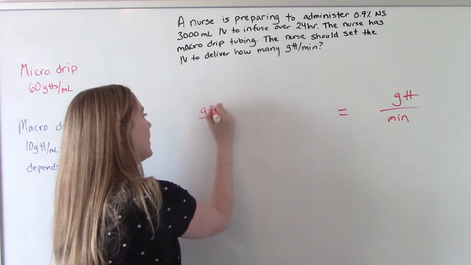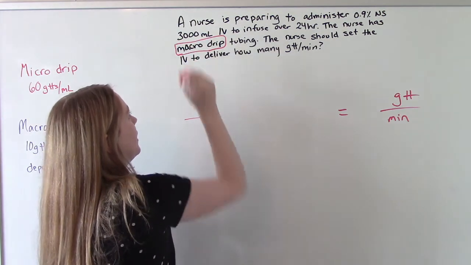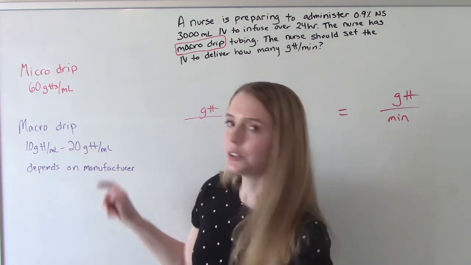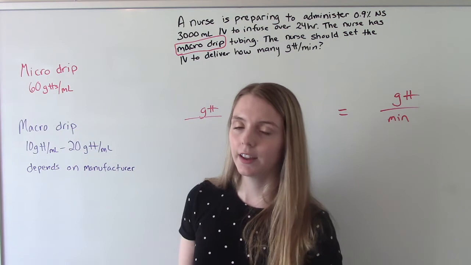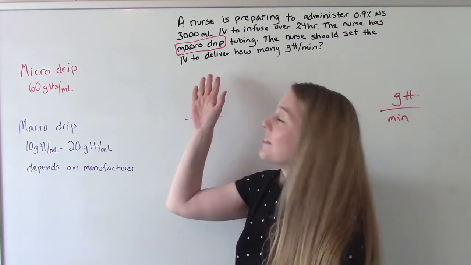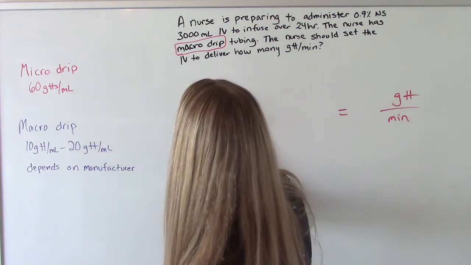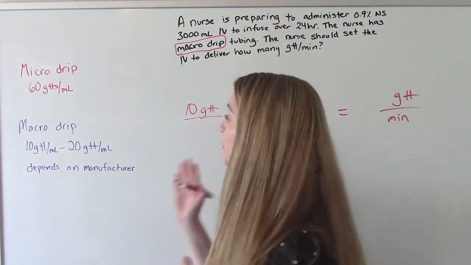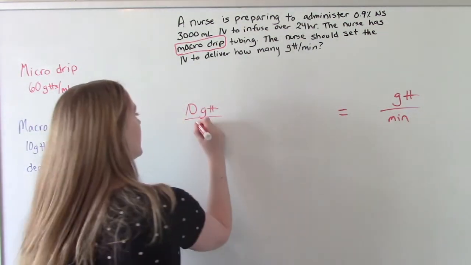Now where are we finding this information here? Macrodrip. Now you're probably thinking, Professor, it says 10 to 20, so how do I know if it's 10, 15, or 20? When in doubt, if you don't have information, if you don't have a picture, nothing to go on, go with 10. Why? Because it's the most common. So if you don't know, go with 10. So 10 drops per 1 ml.